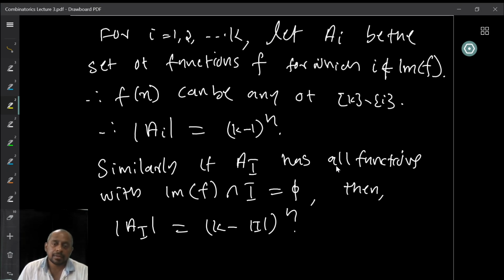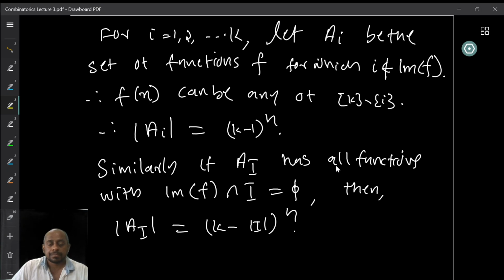Because again, if a set of elements are missing, some t elements are missing, then k minus t elements are available. So the functions can go to any of the k minus t elements. So therefore, we have k minus cardinality of I whole raised to n. That is the possibility.